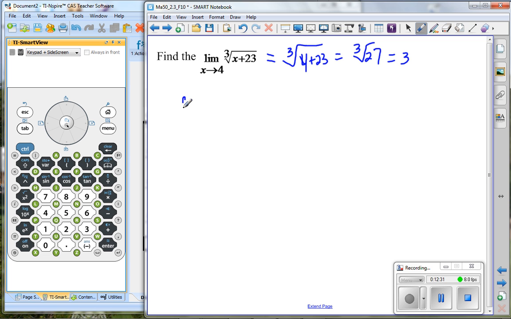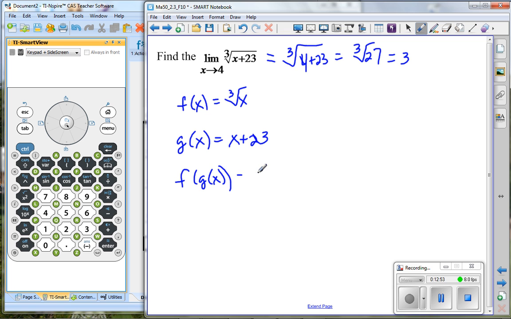We can also look at individually. We would have f of x is the cube root of x, and g of x is x plus 23, breaking that into two different functions, and f of g of x would be f of x plus 23, or the cube root of x plus 23.